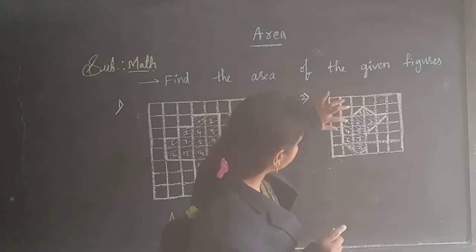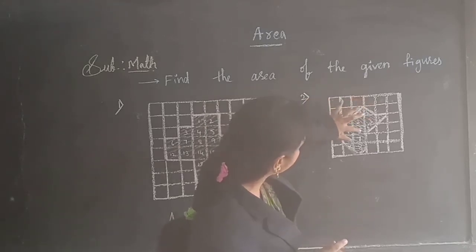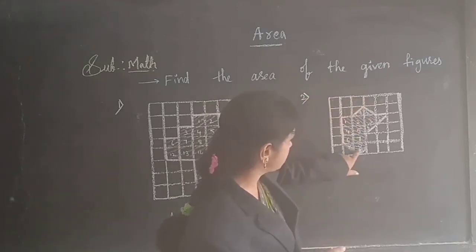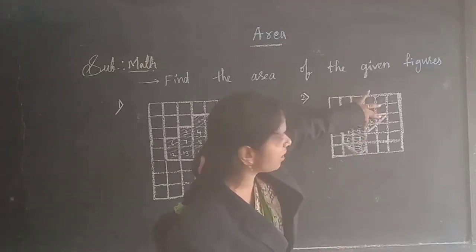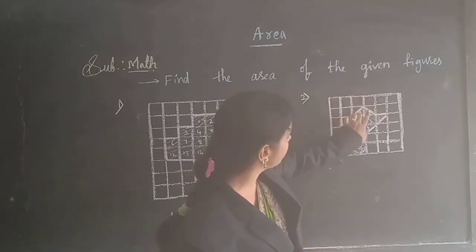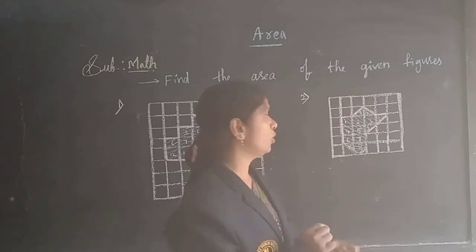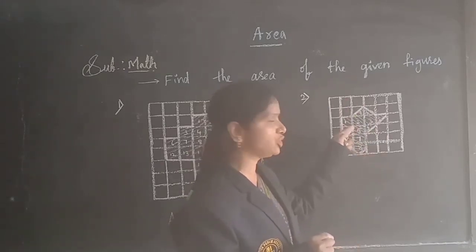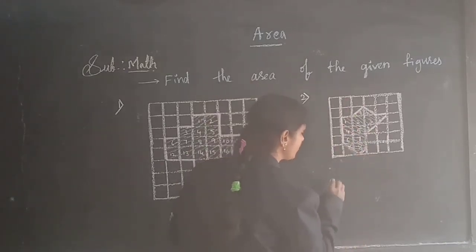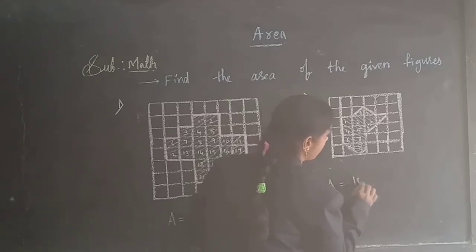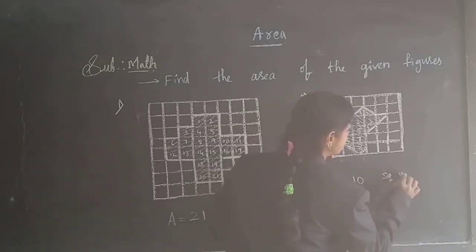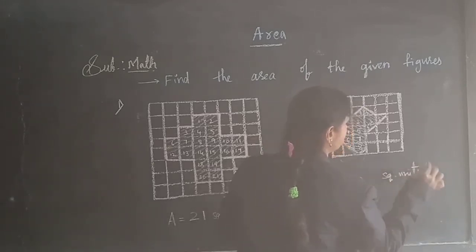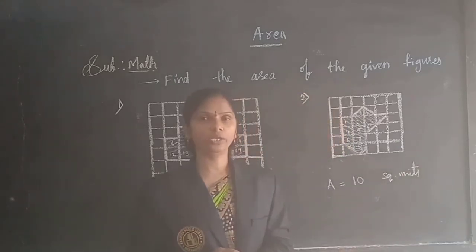First I count 1, 2, 3, 4, 5, 6, 7, 8. And here half, 9. And here half, 10. So what is the area of the given shaded region? The area is 10 square units.